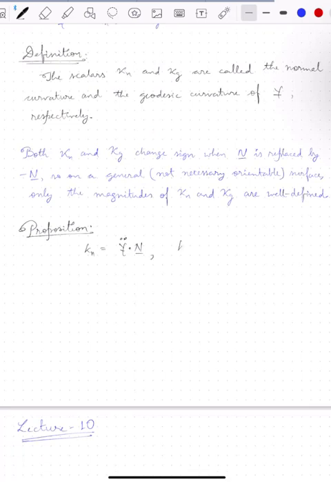And likewise, the geodesic curvature kappa g is the component of gamma double dot along the n cross gamma dot vector. And of course, the curvature of the curve satisfies kappa squared equals the sum of squares of kappa n and kappa g.